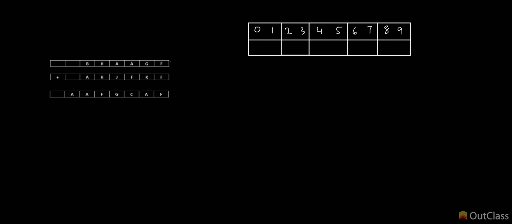I have a 6-digit number here, which means a number less than 1 million. The second number is also less than 1 million. So the sum has to be less than 2 million. So either it will have 6 digits or it will have 7 digits, in which case that most significant digit has to be 1 because the sum is less than 2 million.